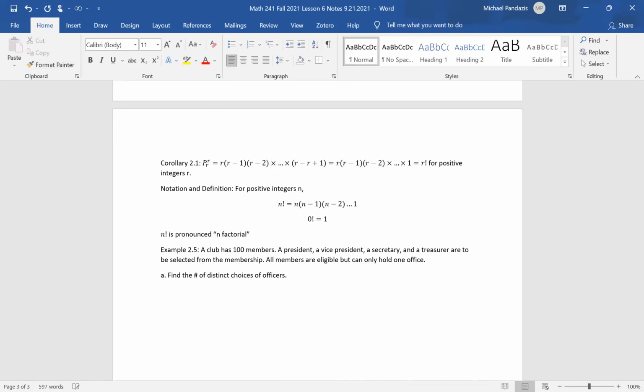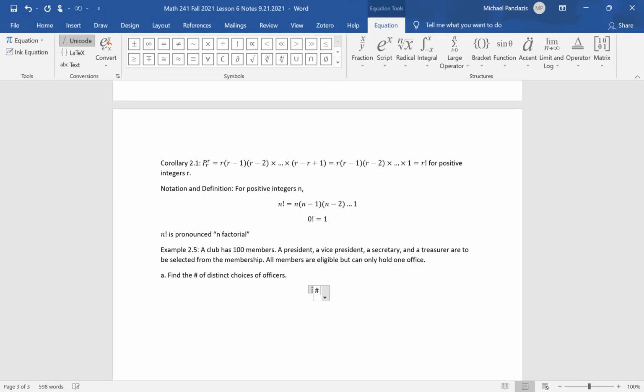So the number of distinct choices of officers is equal to, well, you have 100 choices for who could be president, times 99, the number of remaining people you can choose to be vice president, times 98, the number of remaining people to choose for secretary, because there's 2 fewer people, and then times 97, the number of people remaining that you can choose for treasurer.